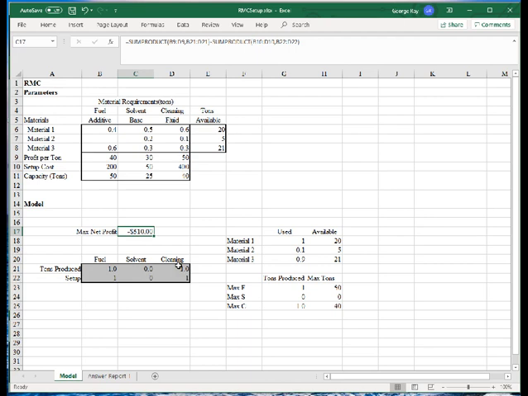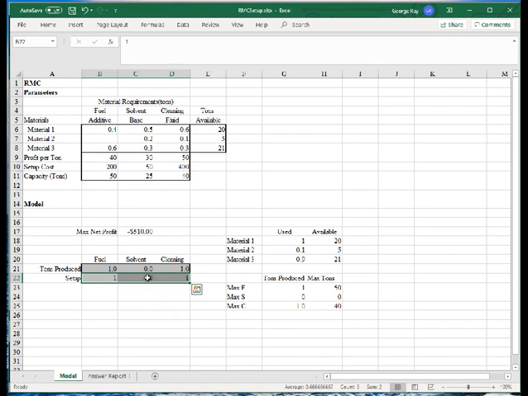So that's going to be the multiplication of the vectors B9 through D9 and B21 through D21, and we do a sum product on that, minus the sum product on B10 to D10, which is going to be the setup cost, times B22 to D22, which is where we indicate if we are going to use the product or not, in which case we put a 1 and therefore there would be a setup cost.